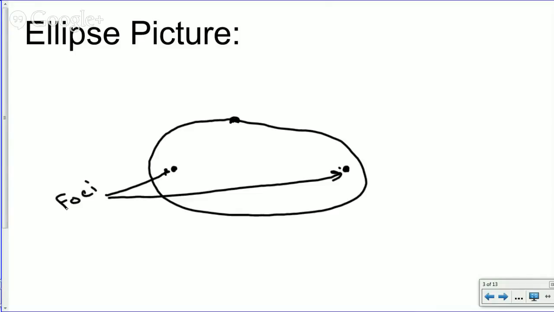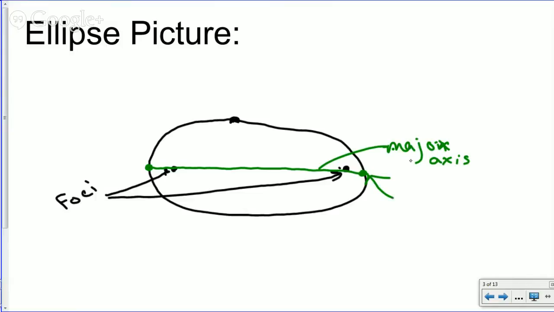Okay, so in this ellipse, I've got these 2 points called the foci. And then I've got a line running through those 2 points and intersecting with the ellipse. That line is called the major axis. The 2 points on the ellipse, that one and that one right there, are called the vertices.